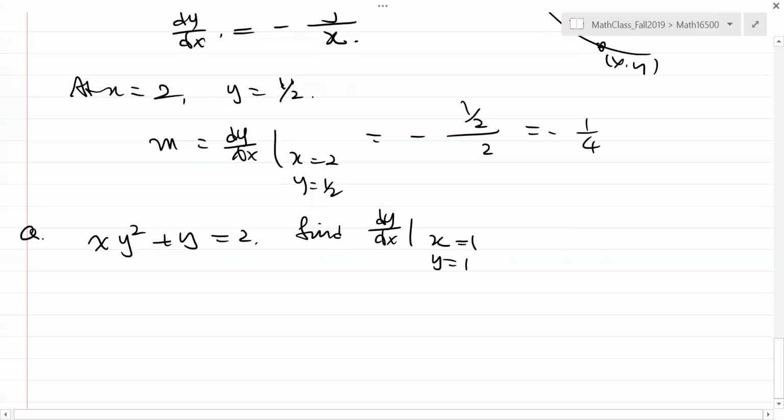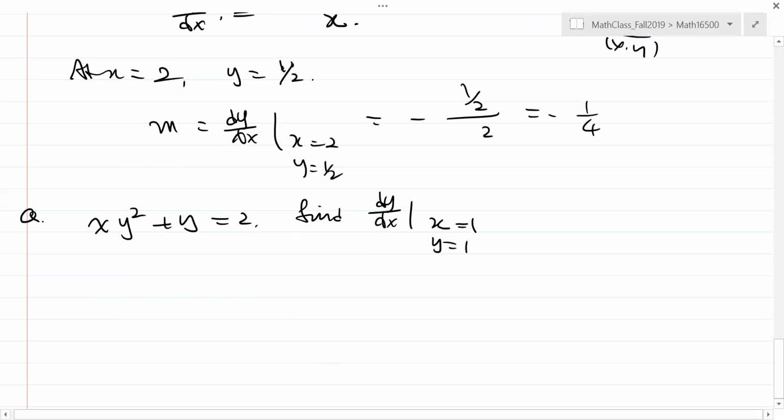So y is a function of x, and you can find the derivative with respect to x. Now, can you solve for y? No problem.